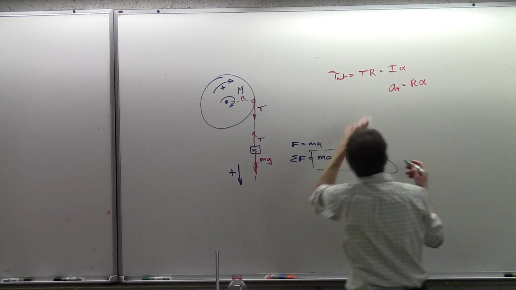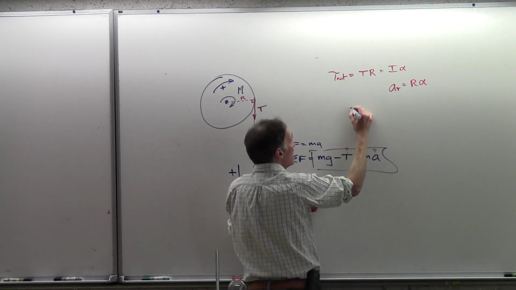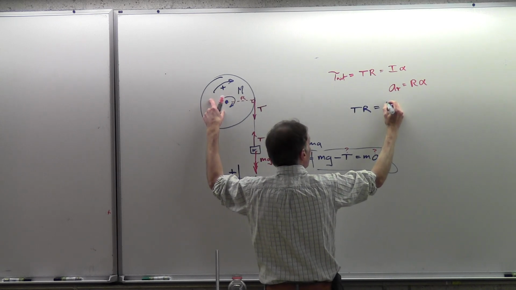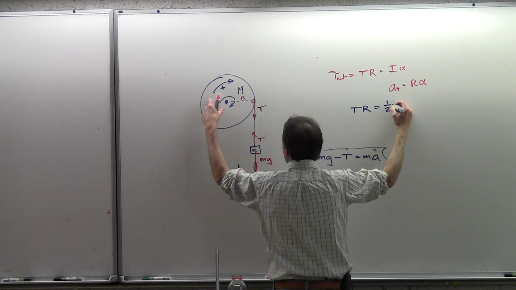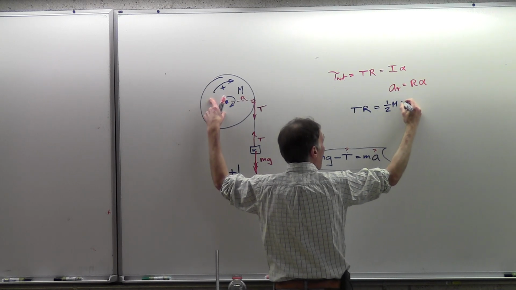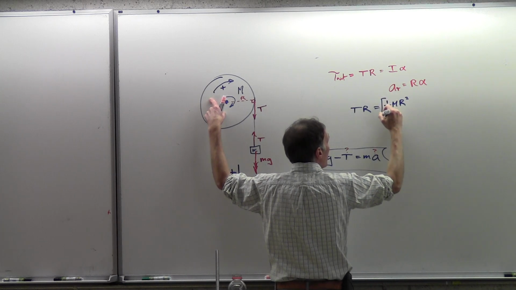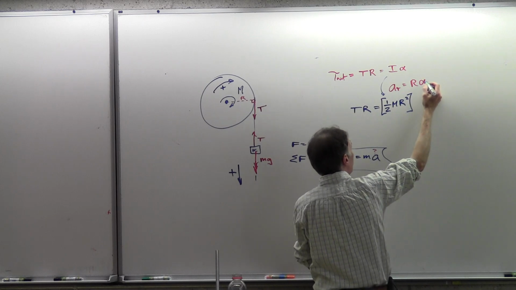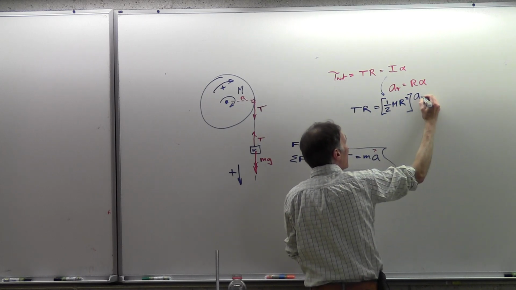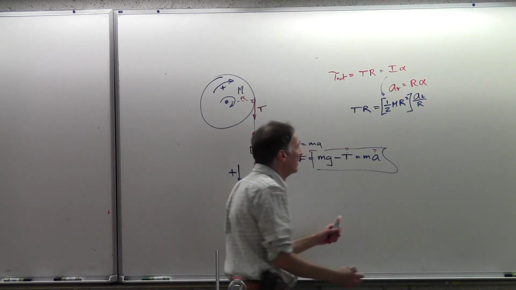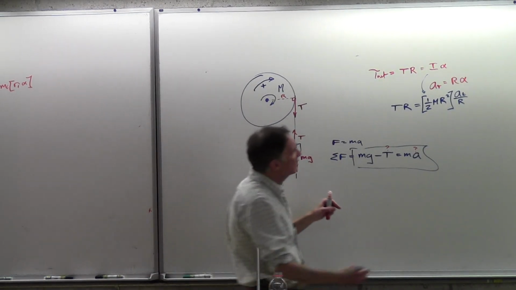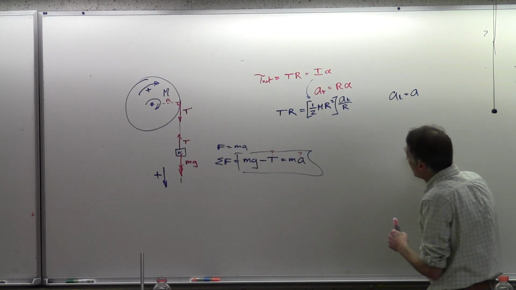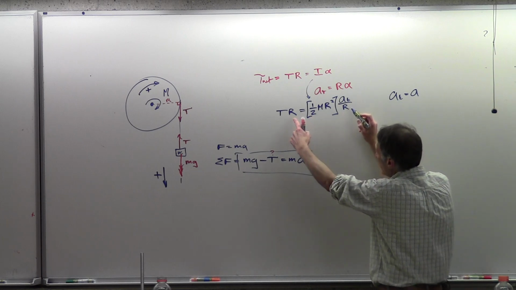What we can do with this expression is say the net torque, which is T times R, is equal to I. Now this would be I of a disk, and he would state this in the problem, but I think if you've done enough homework problems, you know 1/2 m r squared is the moment of inertia of the disk, times alpha, and it's often convenient to write alpha as A tangential over R, and as long as the string doesn't slip, A tangential will be equal to A. So something that works out kind of nicely with these R's.